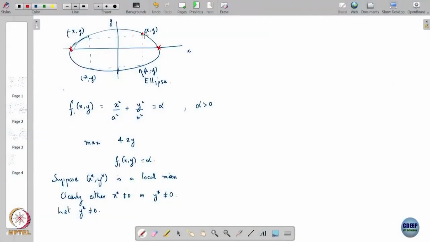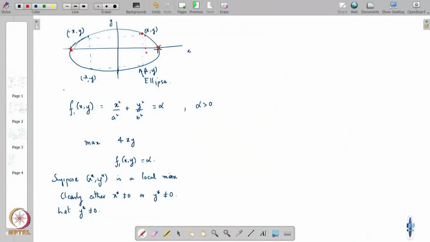Being on the ellipse means that if I tell you what the x is, I know precisely what the y is. For example, if this is my point x, then I know that this is what the y is. This is because you are on the ellipse. On the ellipse, I can solve for y in terms of x.